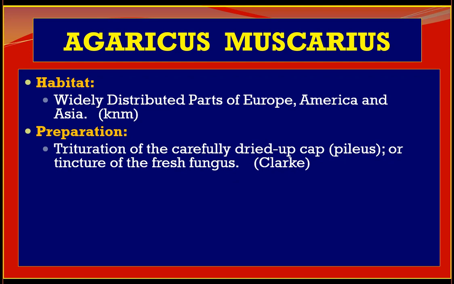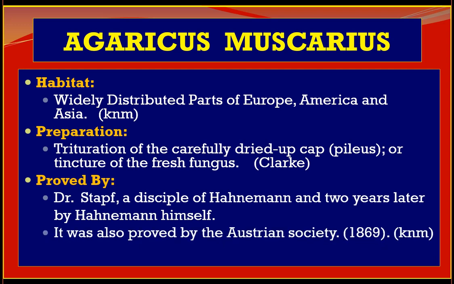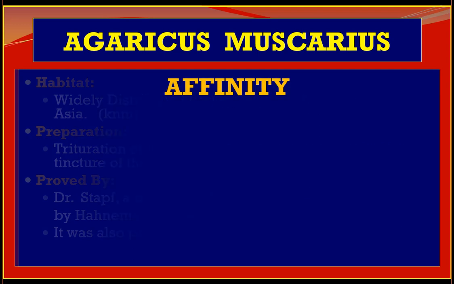The mother tincture is prepared from the carefully dried cap or the tincture of the fresh fungus. The remedy was proved by Staph, a disciple of Hahnemann, and two years later Dr. Hahnemann himself proved the remedy. Thereafter, it was also proved by the Austrian Society in 1869.